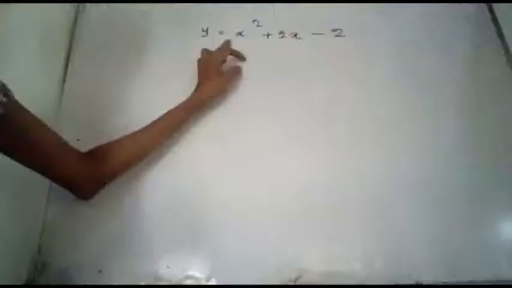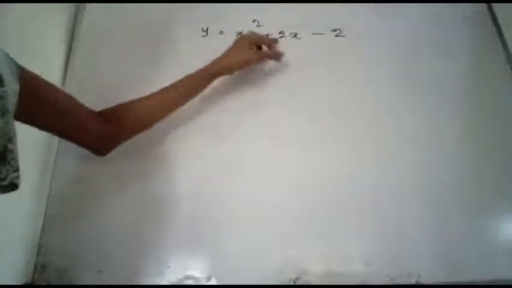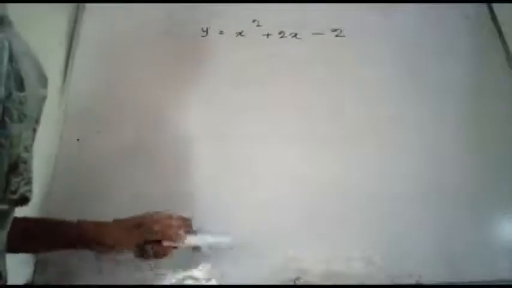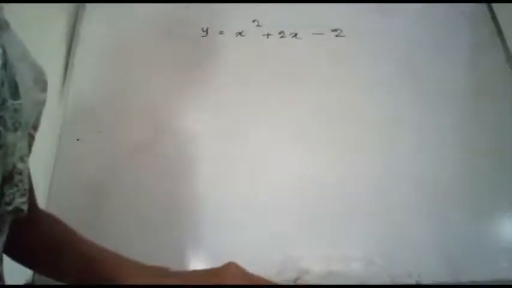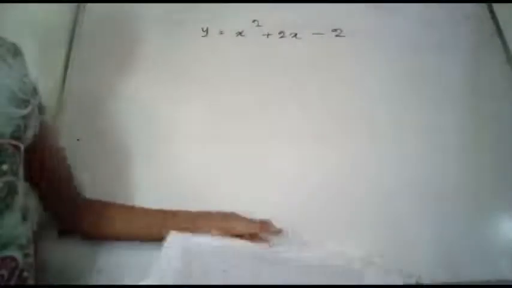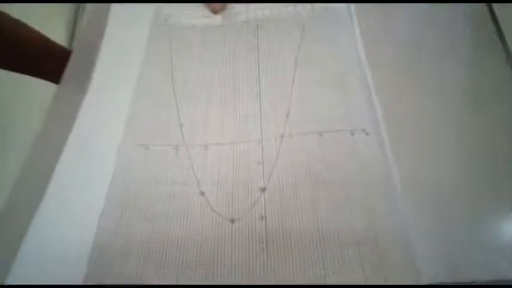Write the range of values of x for which y equals x squared plus 2x subtract 2. Now, write the equation of the axis of symmetry. When we draw the graph of this equation, this is the graph. We draw the axis of symmetry.